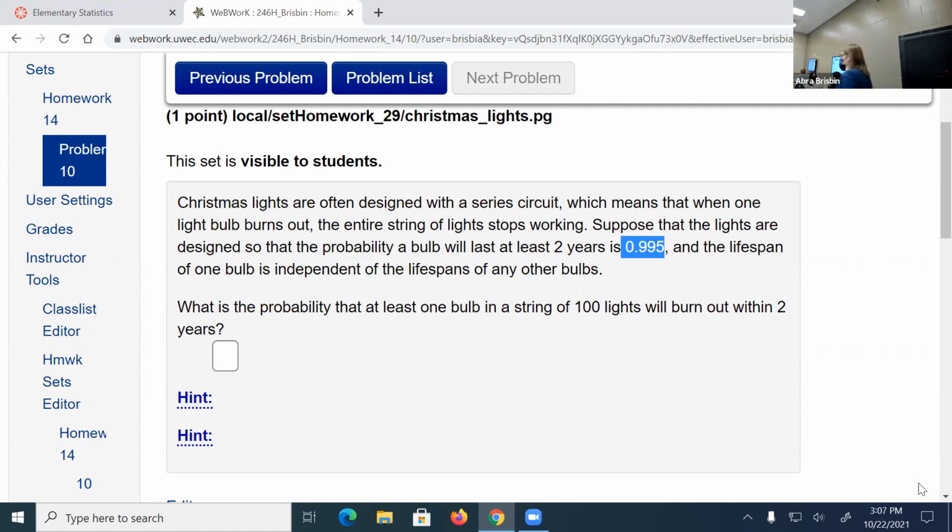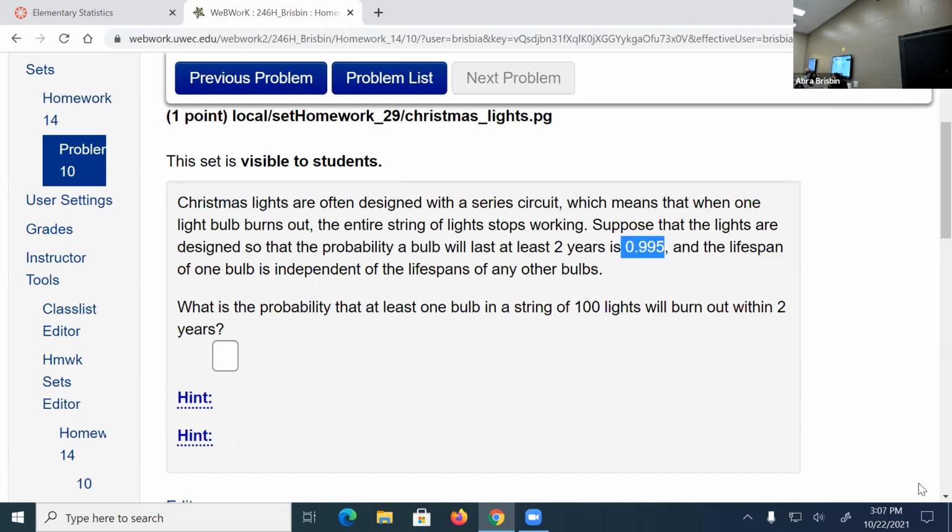So that means that when we do binomial PDF or CDF here, let's see, our total number of trials or bulbs was 100.